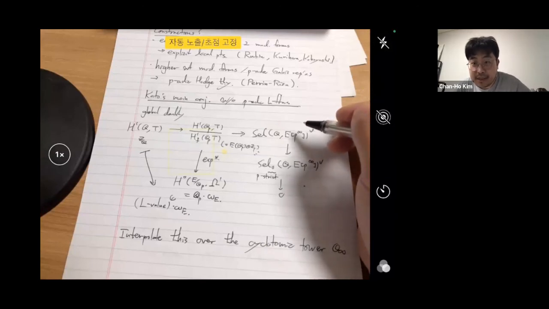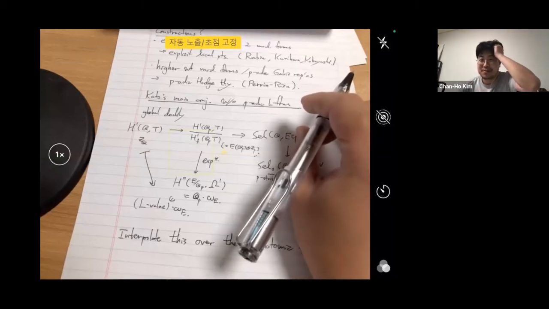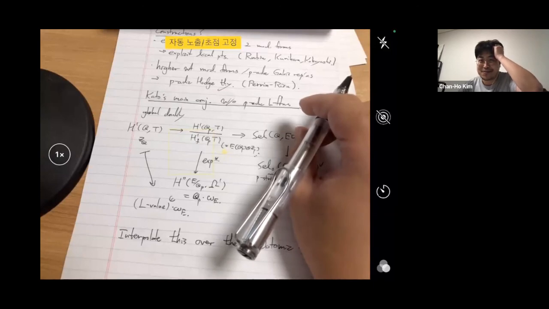And I think the Euler system methods are strong enough to get the final result for the Selmer information at height 2 primes, about the height 2 prime ideals. I'm not perfectly sure how it works.